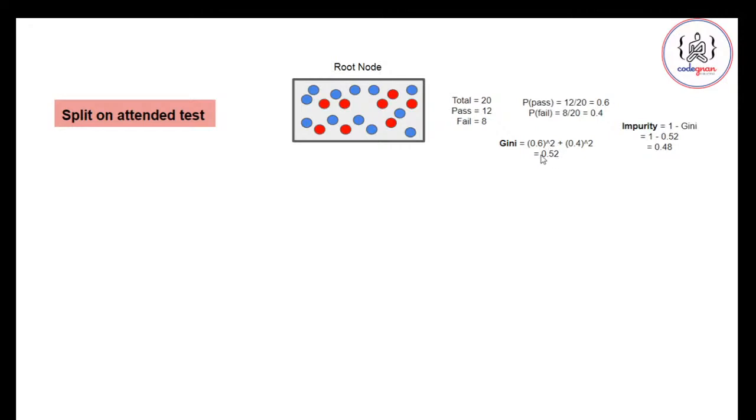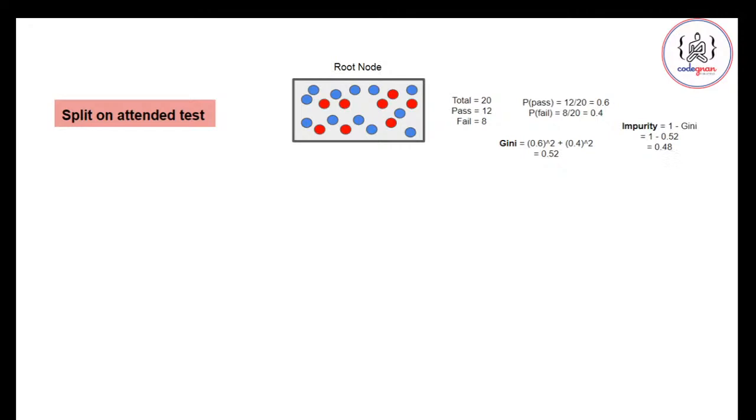Now we can find the impurity at the root node without any splitting. So this is the impurity at root node without any splitting. Here the impurity is 1 minus Gini, which comes out to be 0.48. So this is our impurity here.